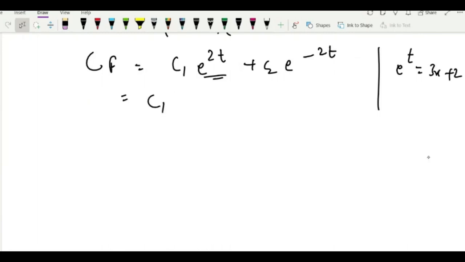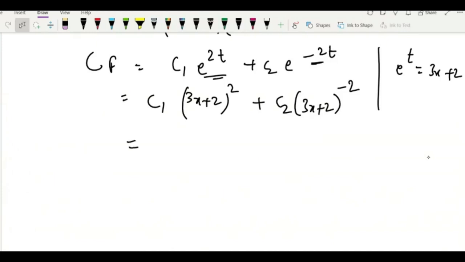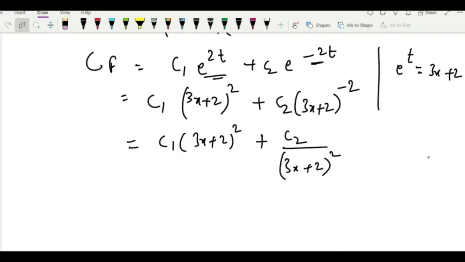Put here C1 (3x plus 2) whole square plus C2 (3x plus 2) raised to power minus 2. Here the power is minus 2. So we get the CF as C1 (3x plus 2) whole square plus C2 upon (3x plus 2) whole square. This is our CF.